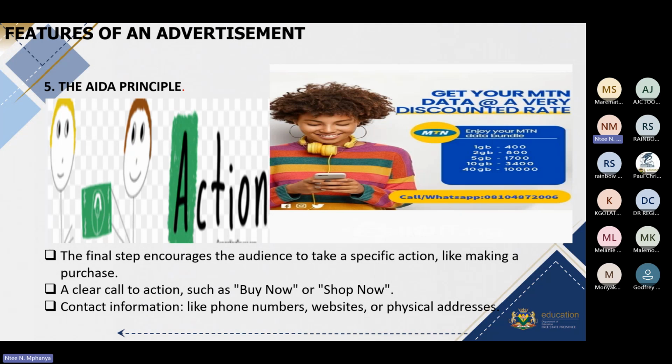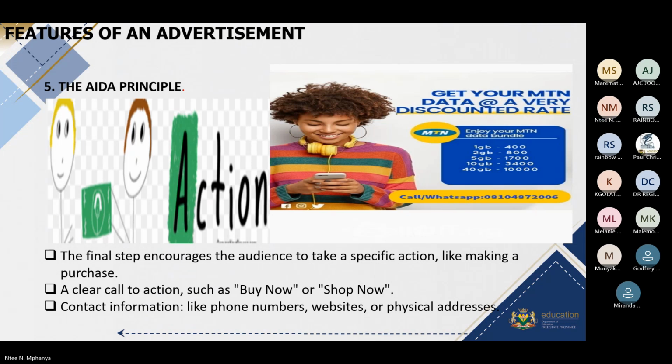Learners, when you answer this question on how you can get more information from this advert, remember, you cannot say you must use your phone. Please use phrases like make a call. For website, visit their website.